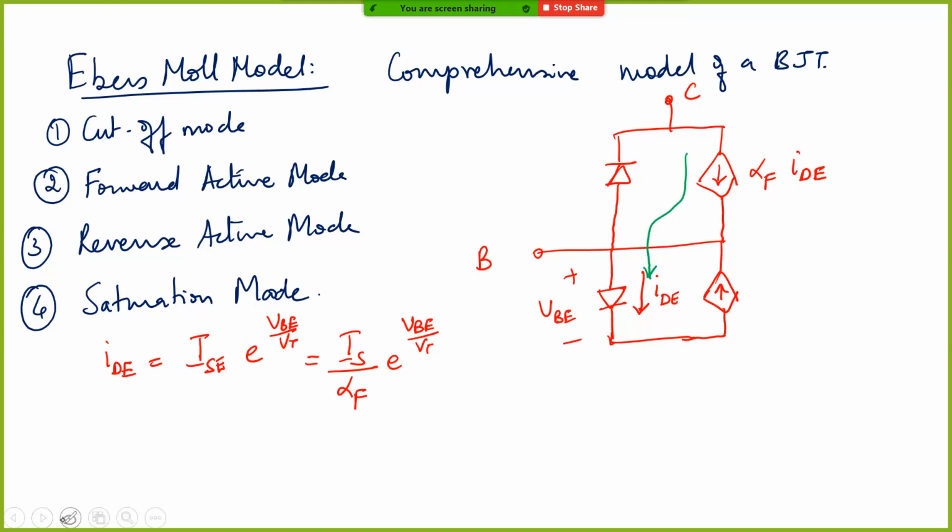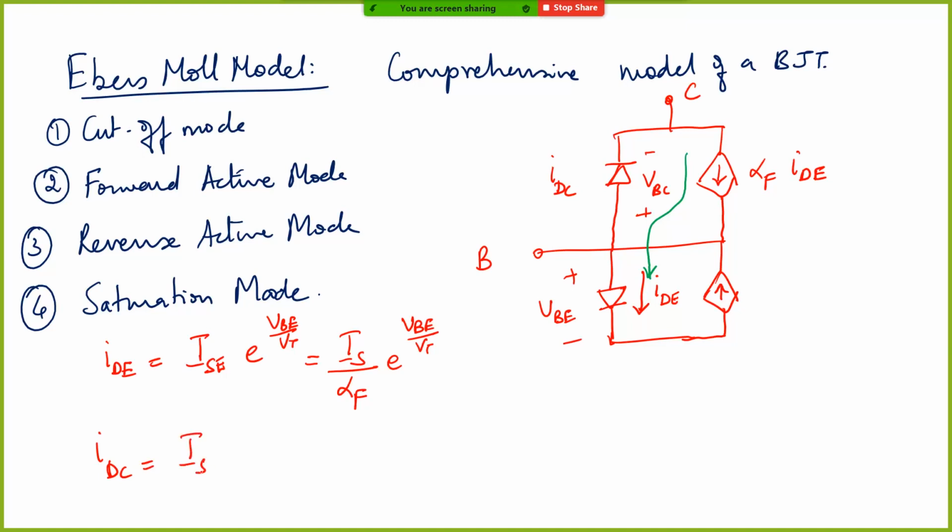Now let's look at the reverse active mode. Let's say this is going to be IDC, with VBC across the diode. What is IDC?